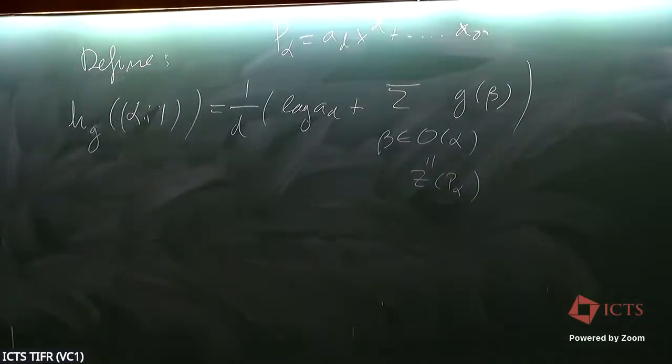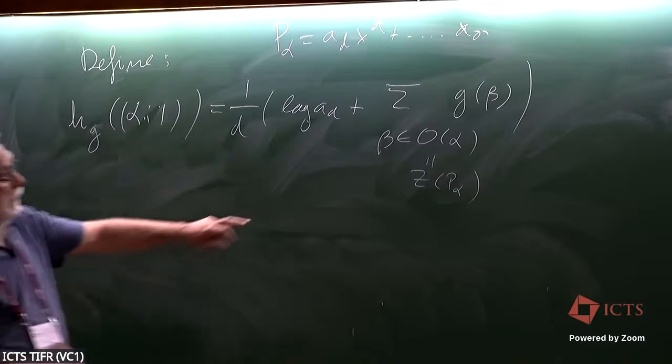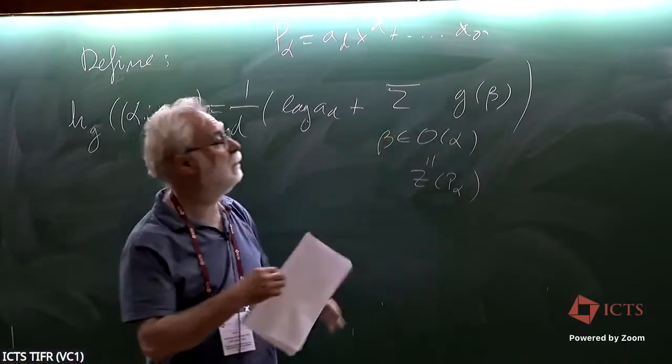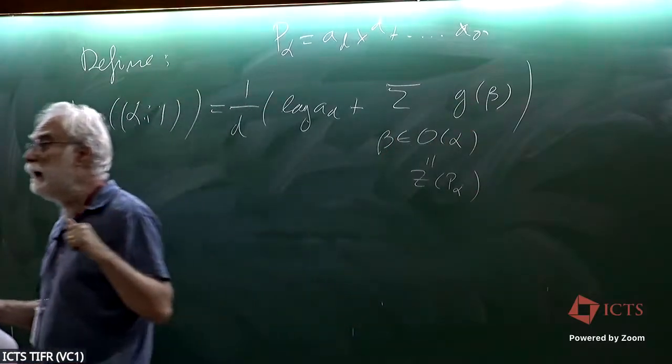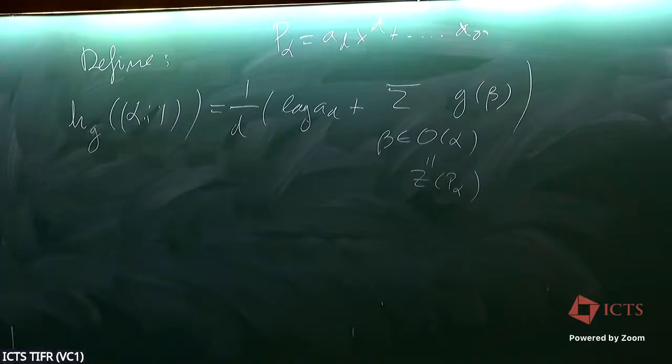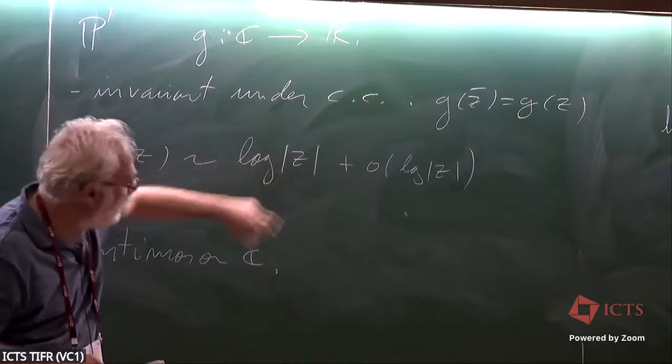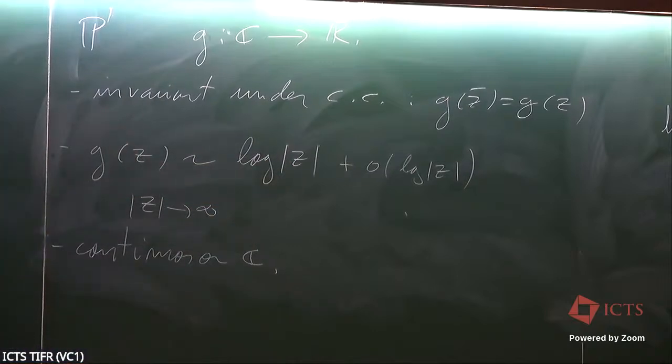The only difference is that instead of writing here the function log plus of absolute value of beta, I am using just a general function g that satisfies these properties here. It's invariant under complex conjugation, satisfies this asymptotic when z goes to infinity, and is continuous on C.